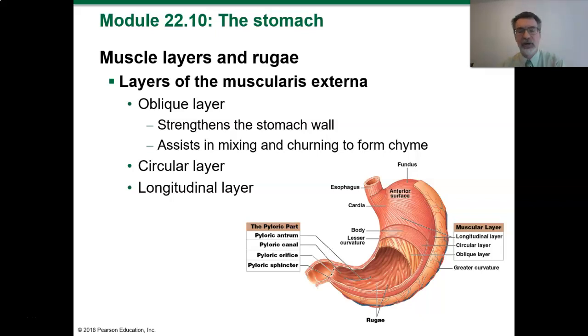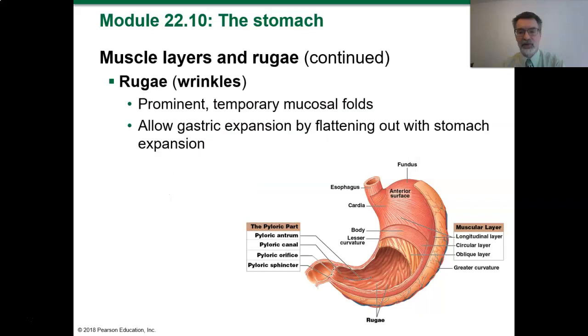So the stomach, with these powerful layers of muscle, is going to churn and mix up that food to really break down the components mechanically with the aid of the enzymes. So those are the layers.